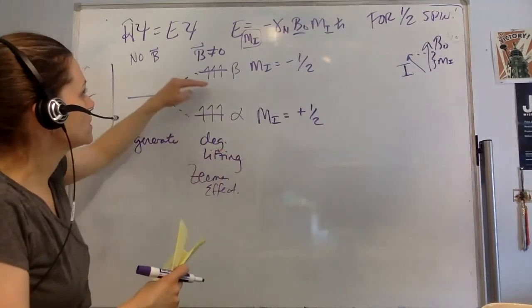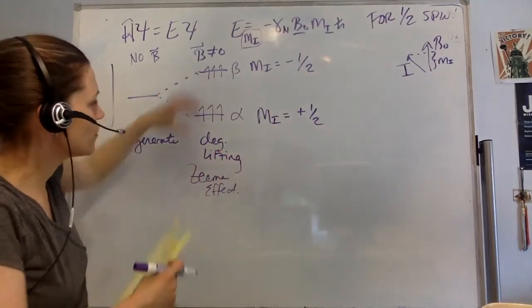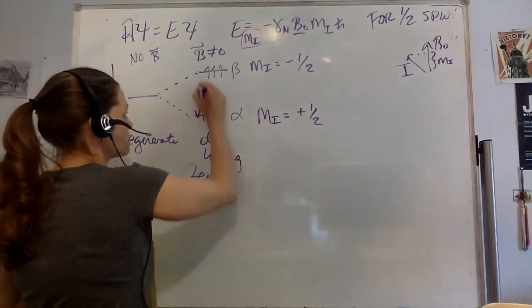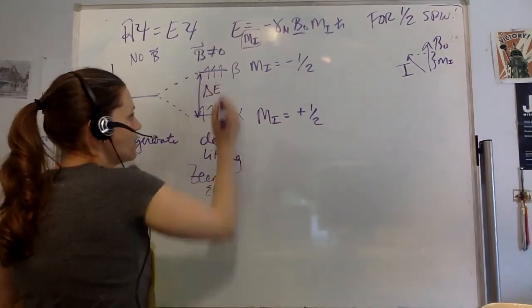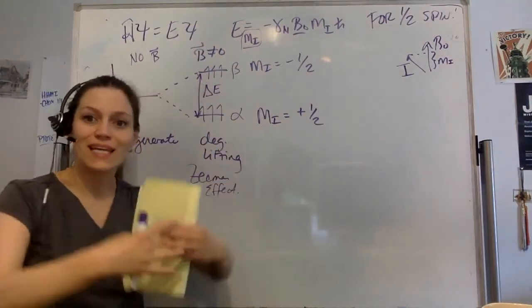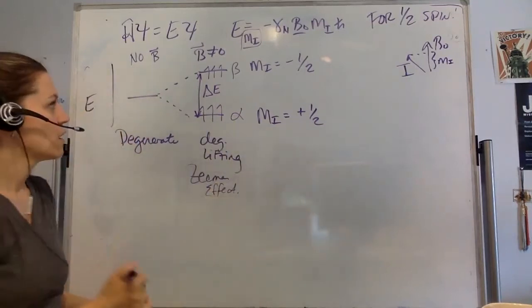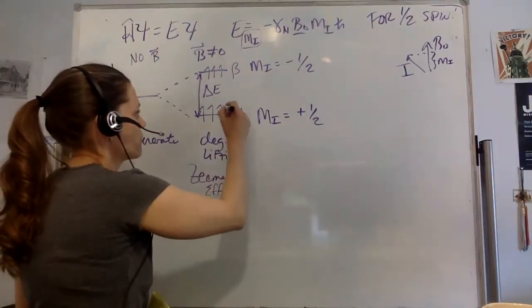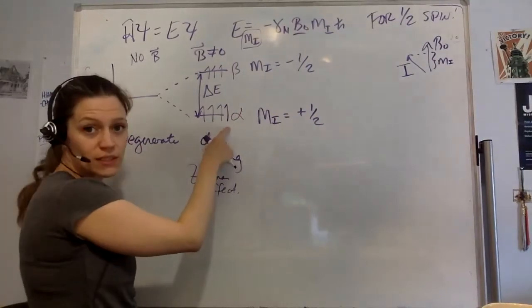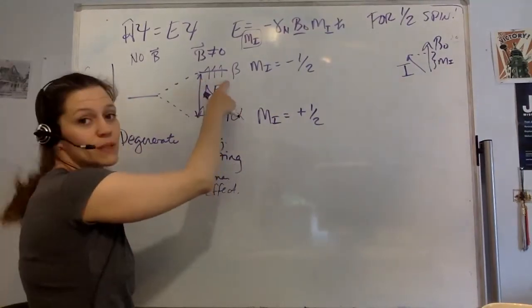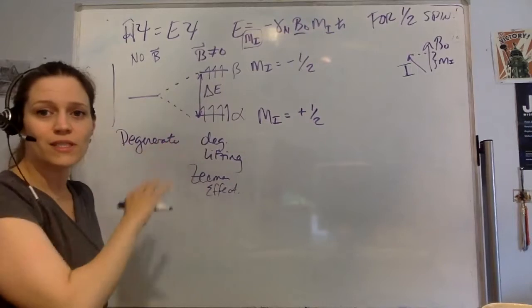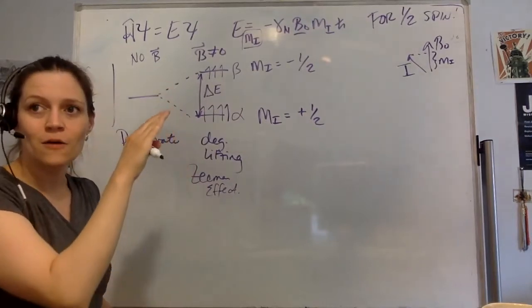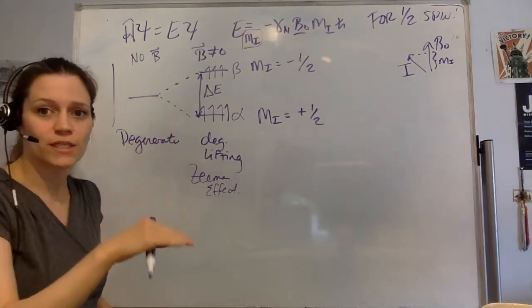Okay, so this is the energy splitting that you have, and it's this energy difference, this delta E, that incident photons are then in resonance with. How do I mean that? I've got 4 spins in the alpha state and 3 spins in the beta state. It's not that alpha is the ground state and beta is the excited state. It doesn't work that way.